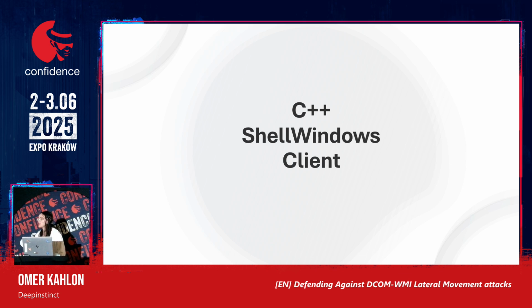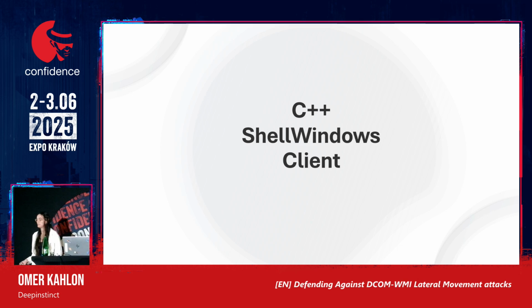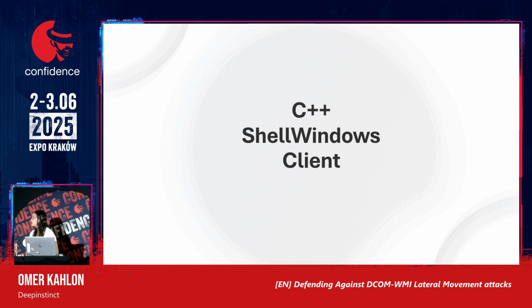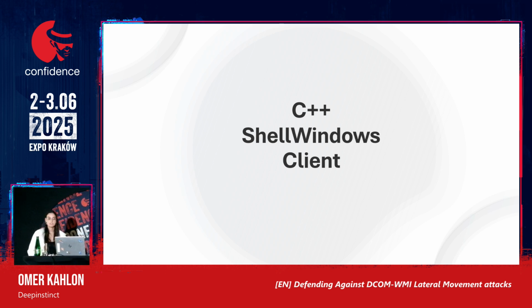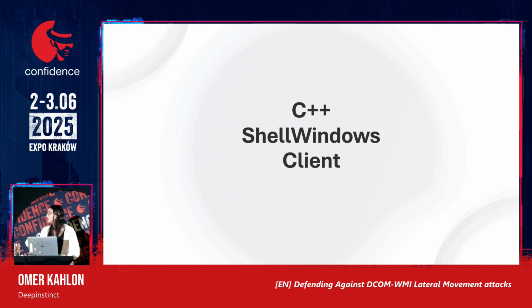So after revealing all these IIDs of the properties that appear in the PowerShell script, we can now look them up on MSDN and OleView and use this new information, like the interface name, definition, and C header files, in order to build our CPP ShellWindows client, which is basically a CPP implementation of the PowerShell script.